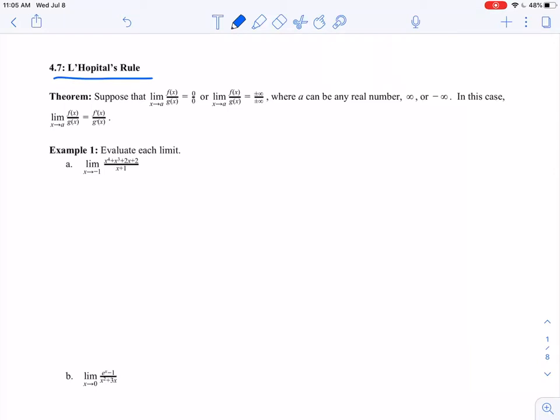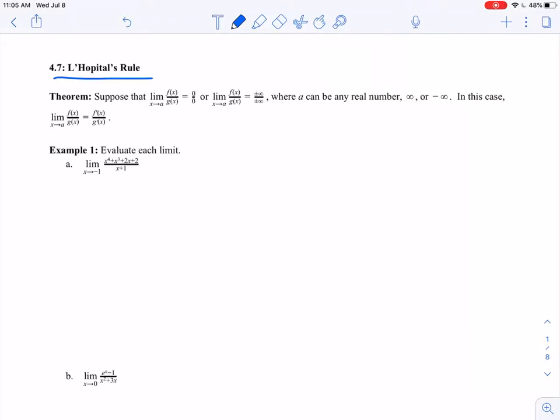So suppose that we look at the limit of some function here and we end up with 0 over 0 or plus or minus infinity over plus or minus infinity. Here, a can be any real number, positive infinity or negative infinity. A is simply the number that we're approaching here. So this works for any finite limit or limit at infinity.